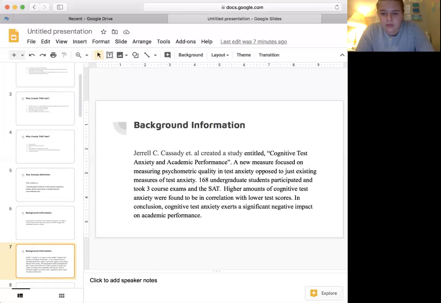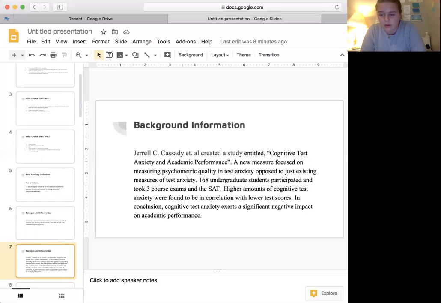A little bit more background information and research. Jerrell C. Cassady, et al., created a study entitled Cognitive Test Anxiety and Academic Performance, a new measure focused on measuring psychometric quality in test anxiety as opposed to just existing measures of test anxiety. 168 undergraduate students participated and took 3 course exams and the SAT.